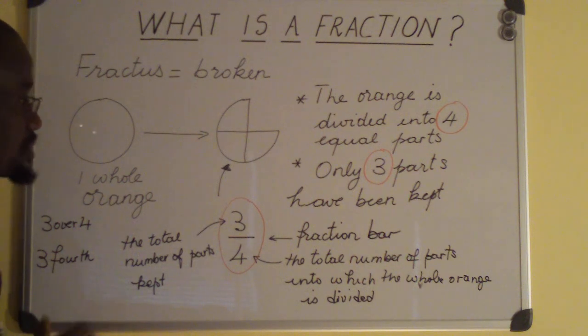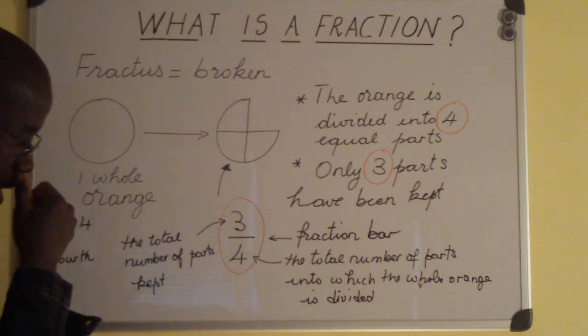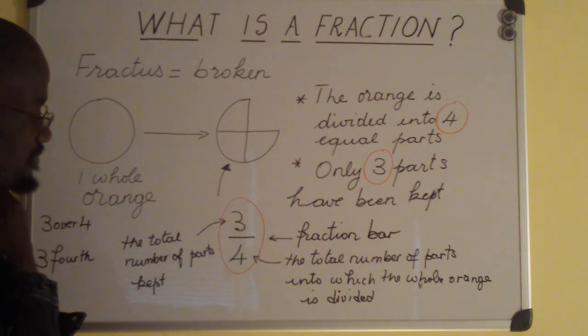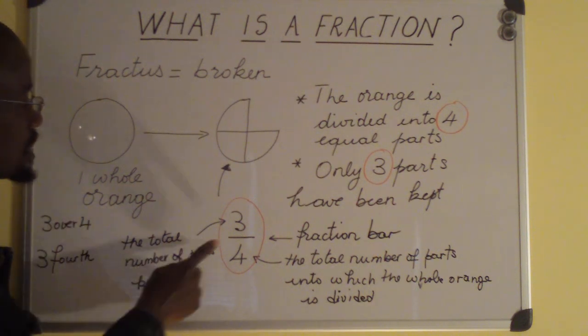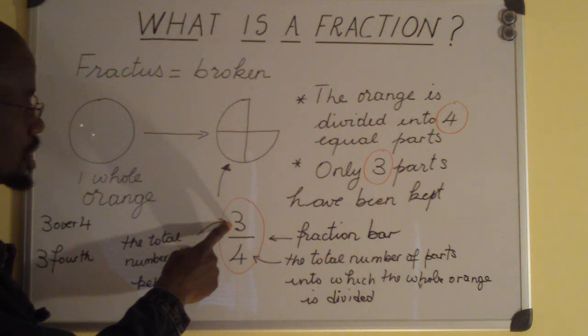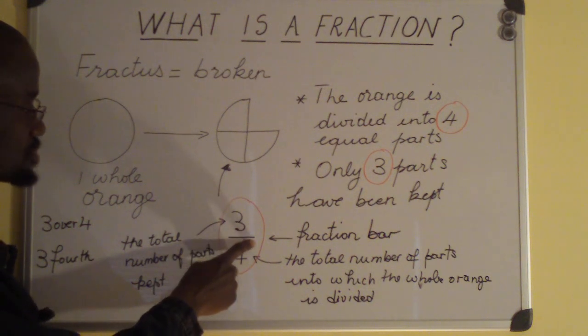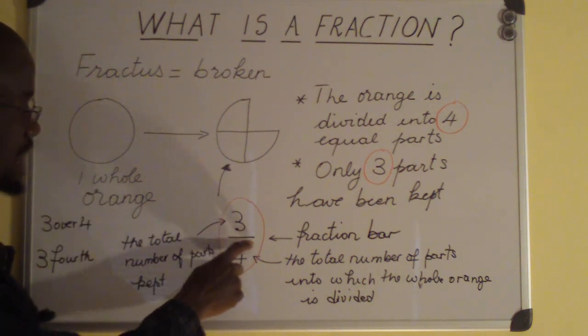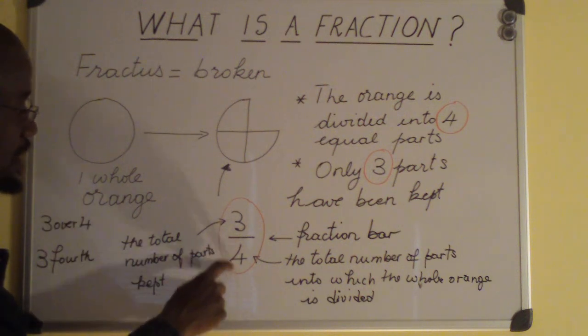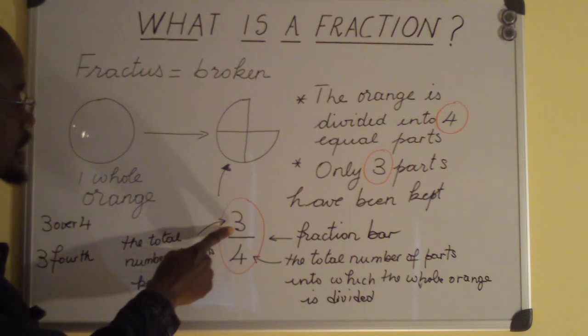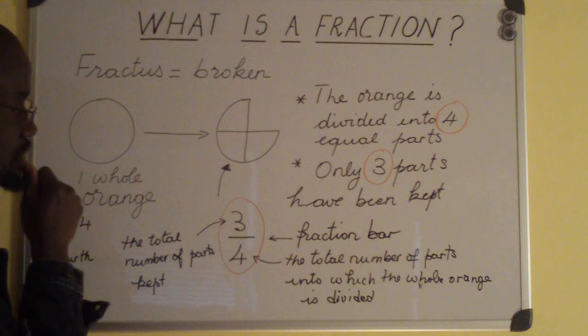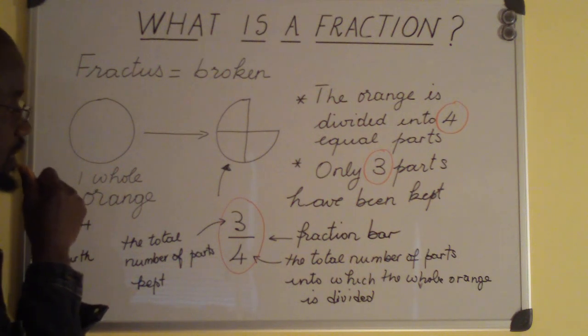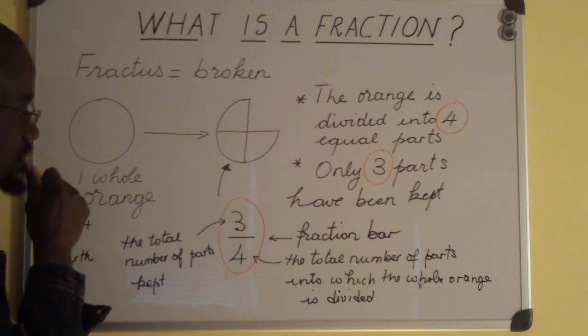So once again, let me repeat this. A fraction is made up of 3 things: a number on top of the fraction bar, the fraction bar itself, and a number below the fraction bar. The number on top, in this instance 3, is called the numerator of the fraction.